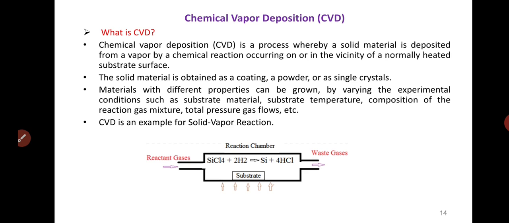This vapor epitaxy technique requires a chamber into which the gases can be introduced and a method for heating the silicon vapors. Since the chemical reaction takes place in this chamber, it is called a reaction chamber or reactor.